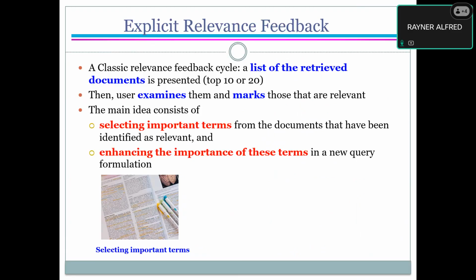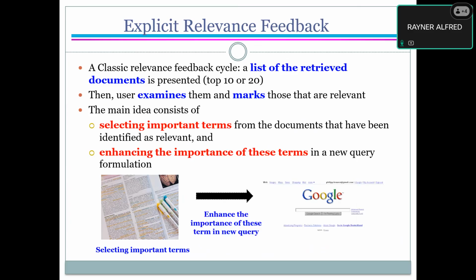So we use the terms to associate with the document later on. So we select important terms, and then we will enhance the importance of these terms in the new query.